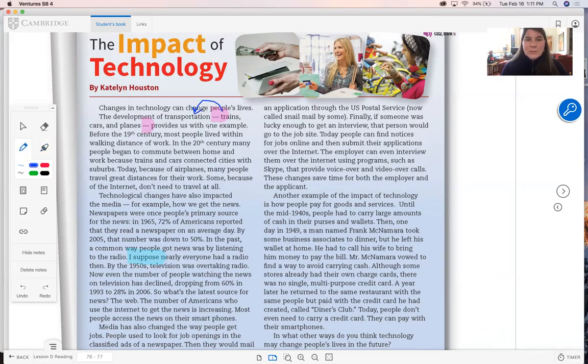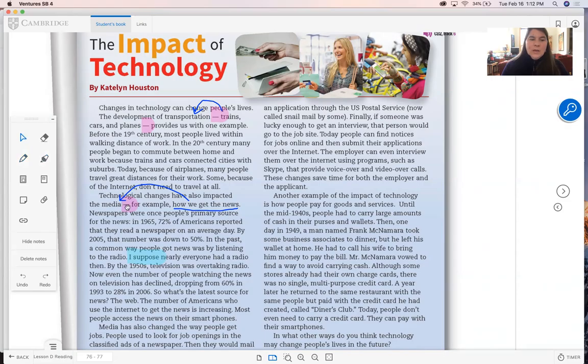All right, what is transportation? Trains, cars, and planes. This happens again with the word media. Technological changes have also impacted the media, dash, for example, how we get the news. So news is media.